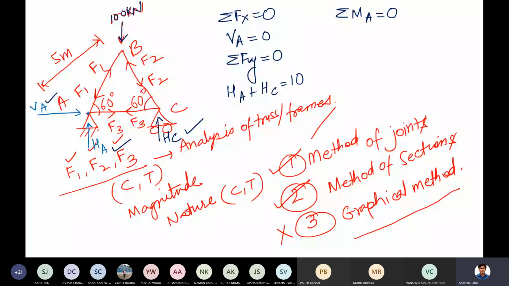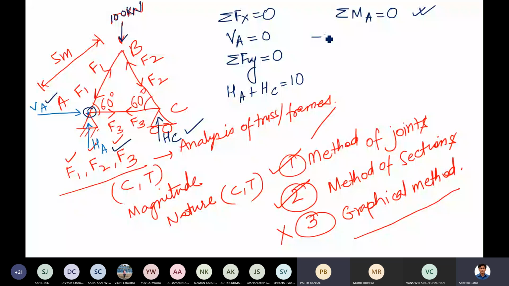Point A is here. Tell me. Summation of moment about point A, equation, please tell me. Minus 100 into a by 2 plus HC into, this is your 5.